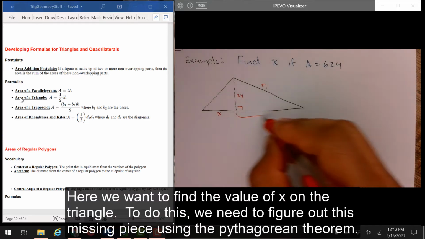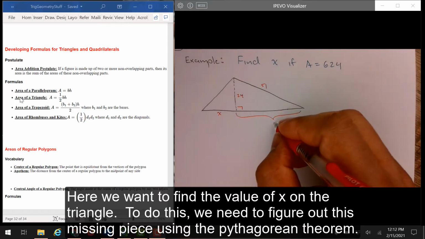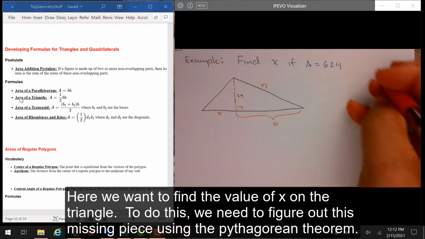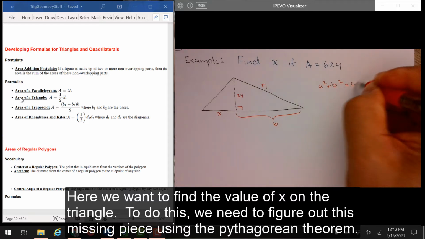Here we want to find the value of x on the triangle. To do this, we need to figure out this missing piece using the Pythagorean theorem.